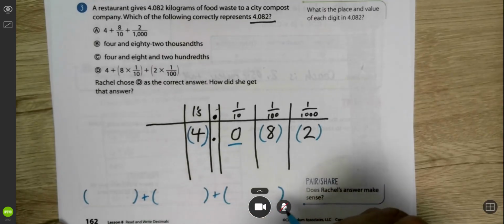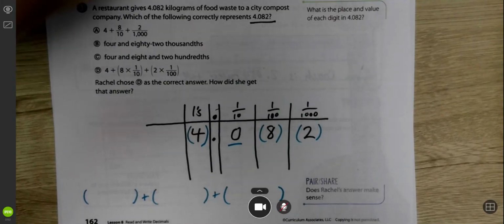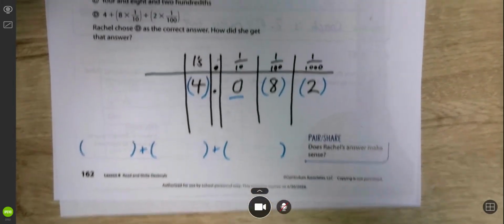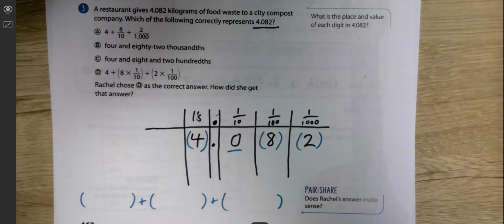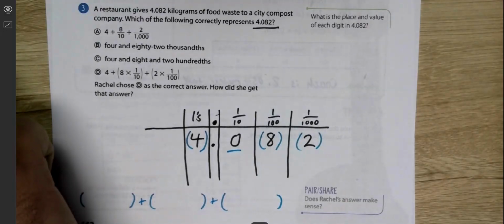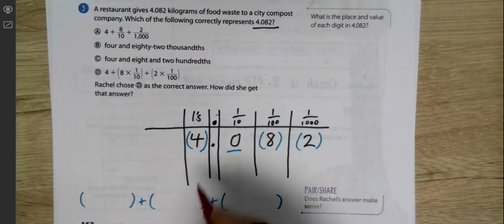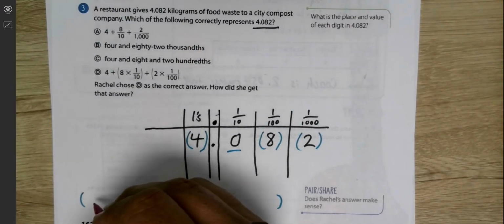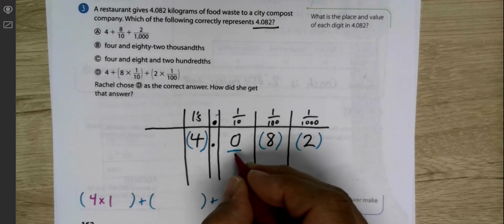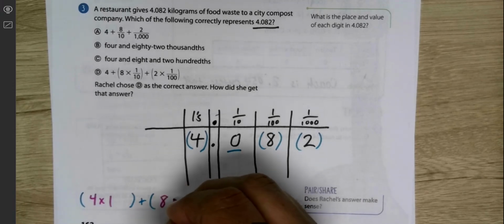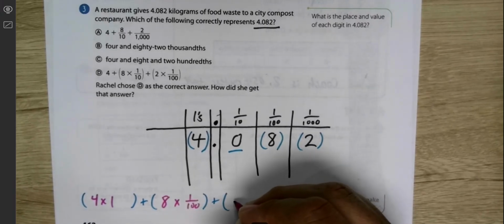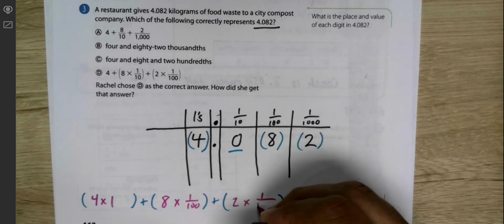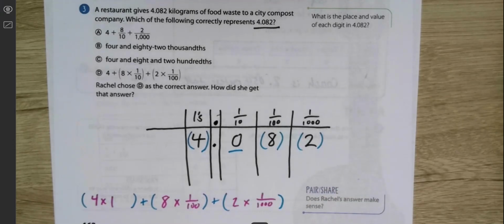We got our last one here. Okay? Those icons are going to be in the way. Boo. There we go. So our biggest value is 4 in the ones. So we say 4 of the ones. We don't do the 0. We do 8 of the hundredths. Then we do 2 of the thousandths, right?